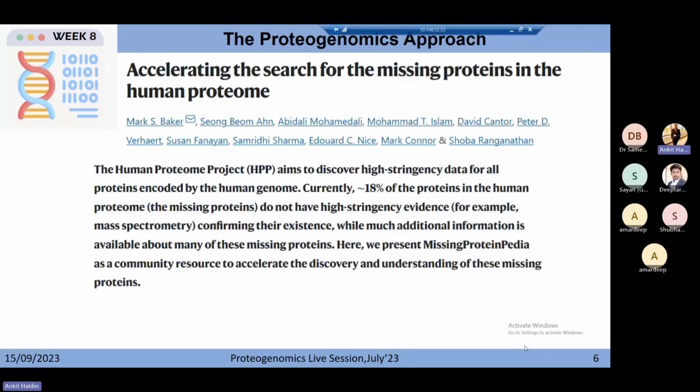Now, as I was mentioning, a series of projects have been developed after that, for example from HUPO, the Human Proteome Organization: the Human Proteome Project, the Chromosome-centric Human Proteome Project (CHPP), then others like the Plasma Proteome Project, etc. The Human Proteome Project was aimed to discover high stringency data for all the proteins encoded by the human genome.